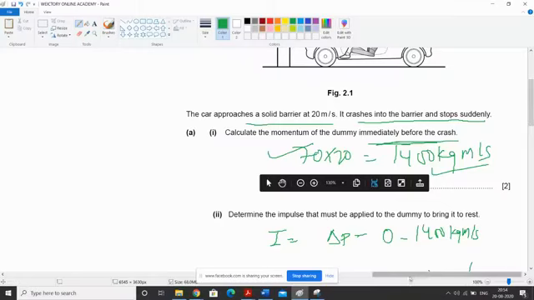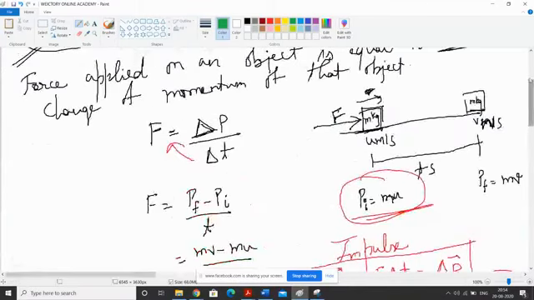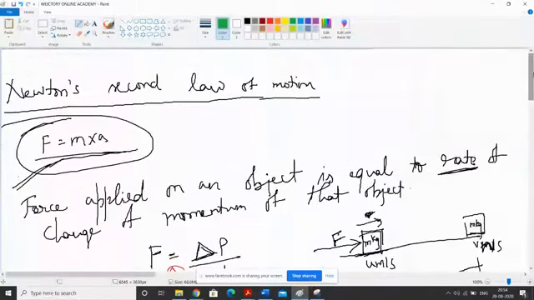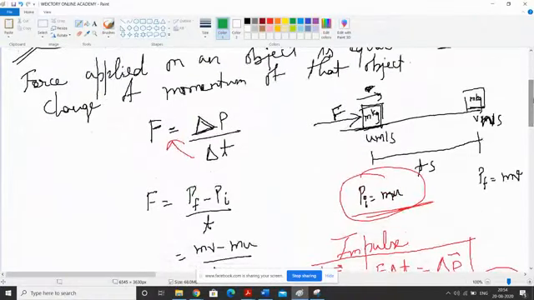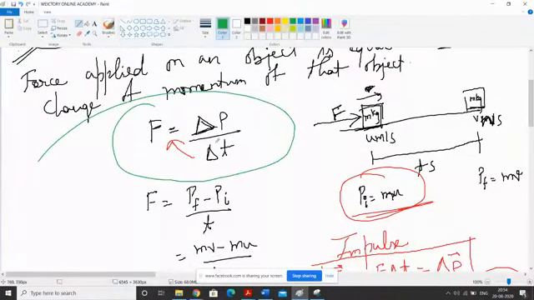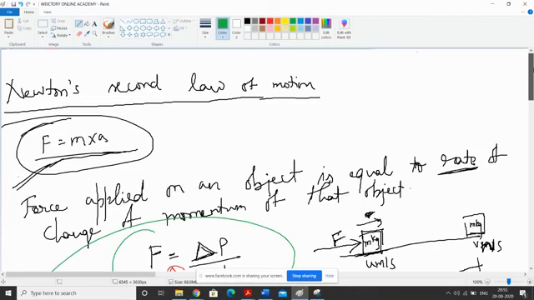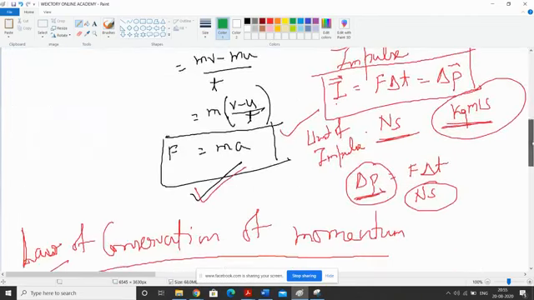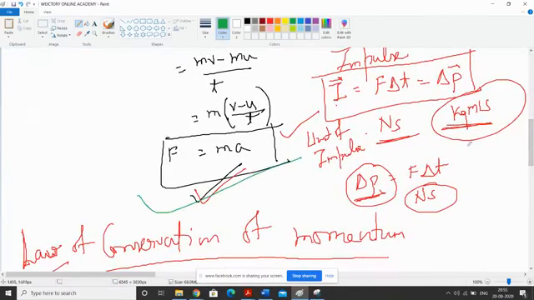So I think the momentum concept is clear to you. It's a very simple and small topic. The only thing you need to remember is that force is equal to rate of change of momentum, that is, change in momentum divided by time. And from here you can derive that force is equal to mass into acceleration.